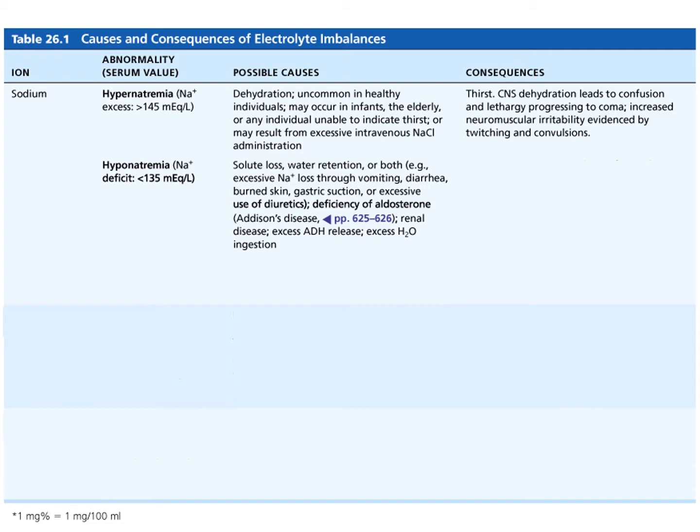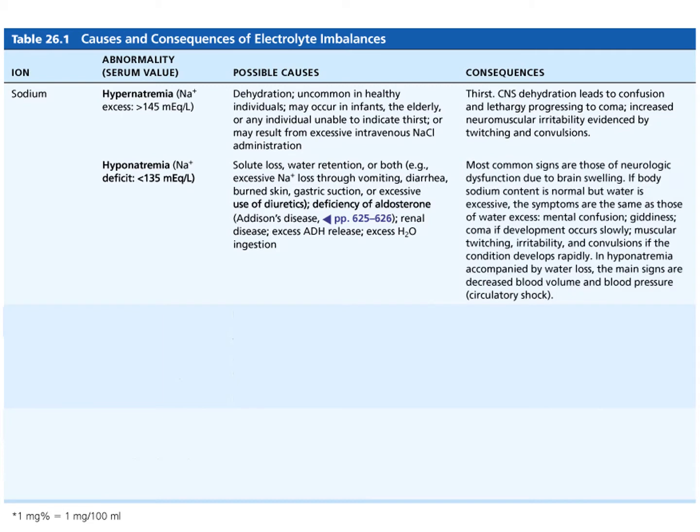So this is what they call water poisoning that can cause basically hyponatremia. So you can get brain swelling here. If your sodium content is normal and water is excessive, you can get mental confusion, giddiness, coma. If this occurs slowly, muscular twitching, and so forth.